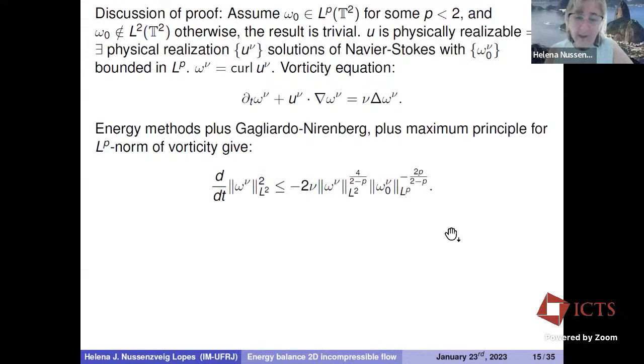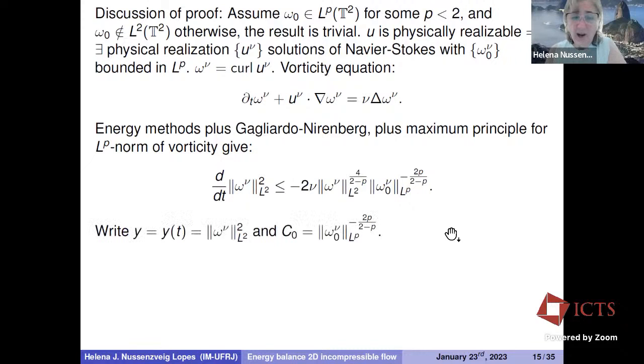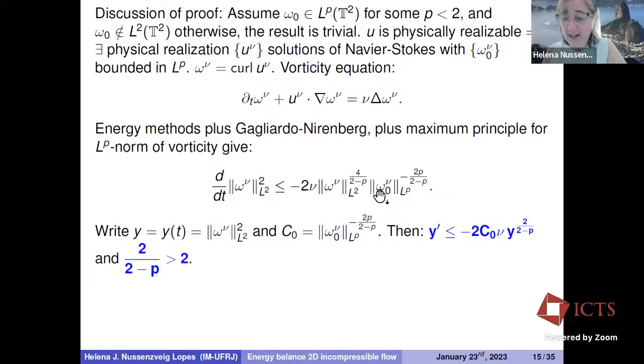In other words, if y is the L2 norm squared of omega nu, and C0 is a constant bounding the LP norm of omega naught nu, then my differential inequality is y prime less than or equal to minus a constant times nu times y to the 2/(2 minus p). And the relevant fact is that this power on my right-hand side is greater than 2.